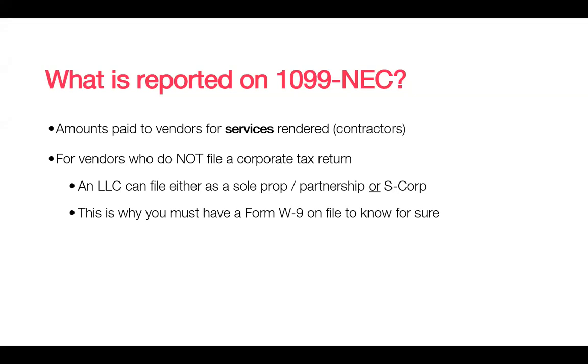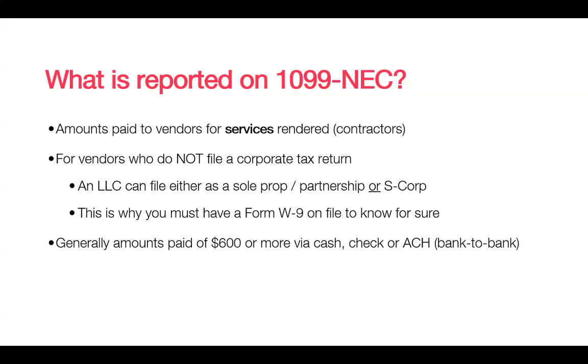And with the LLC, it's tricky because sometimes people think, oh, it's an LLC, so it's a corporation. No, not necessarily. If it's a single member or a partnership, that still gets the 1099. If it's filing as an S Corp, then it doesn't. So you cannot know that unless you ask for the W-9 from them.